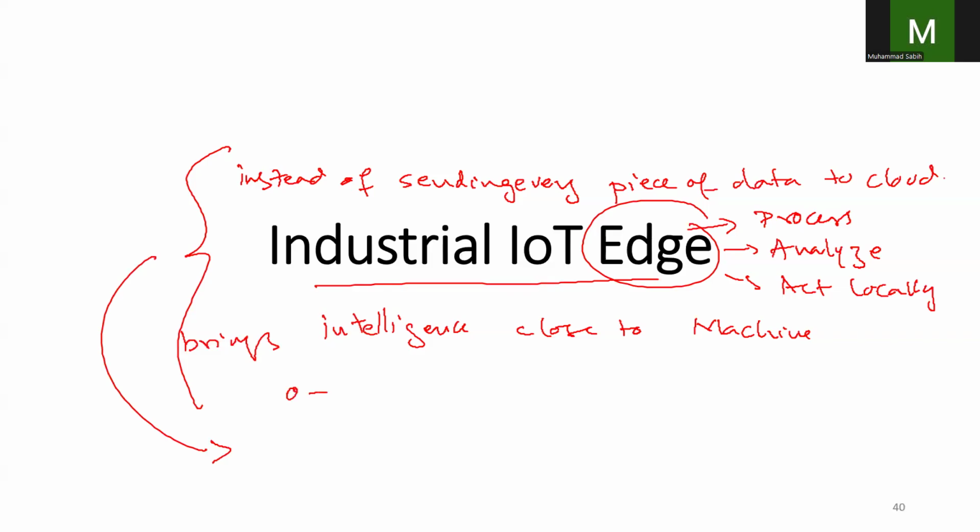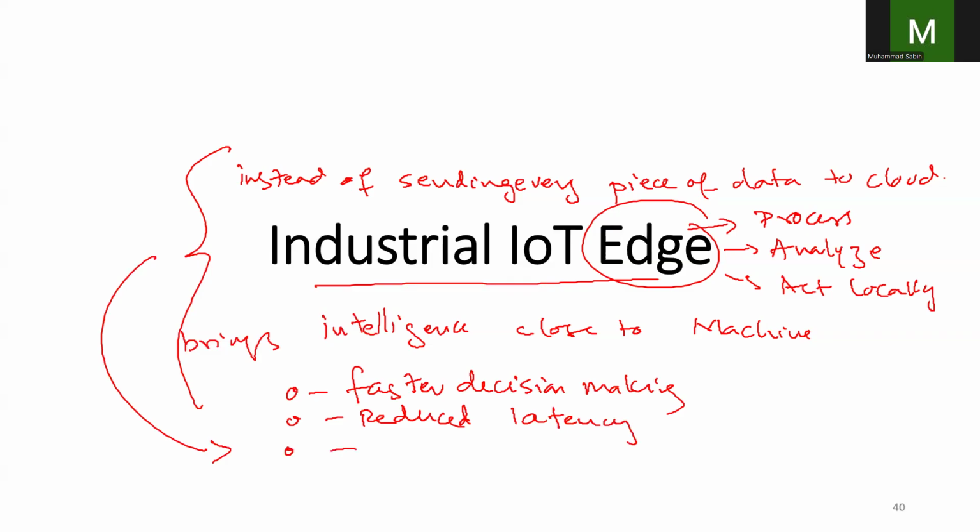For example, we will have faster decision making, reduced latency, and optimized bandwidth, and it will also enhance security.